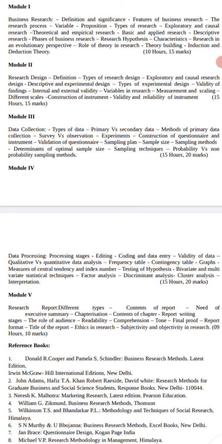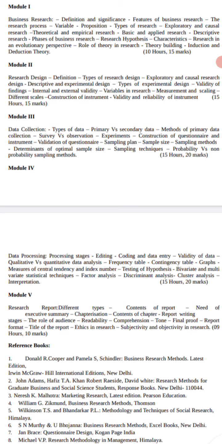Okay, so without any further delay, let us discuss the paper that has to be learned. So the paper is Business Research Method, simply BRM. As the name suggests, this is all about business research. Now research is a very familiar word to everyone.